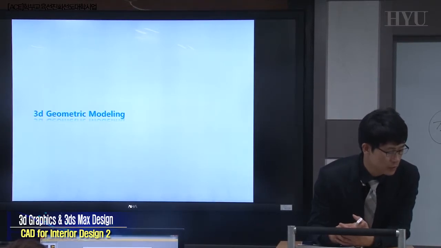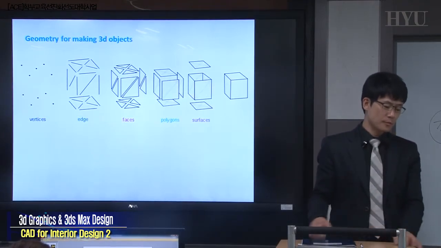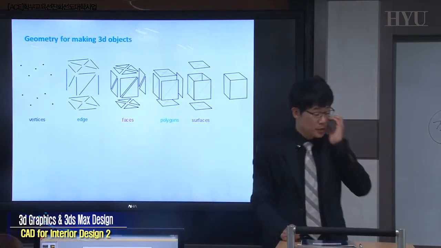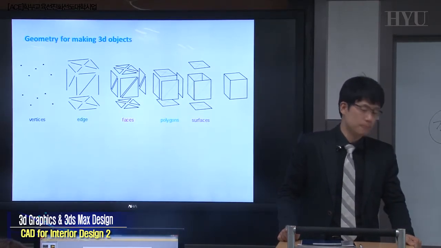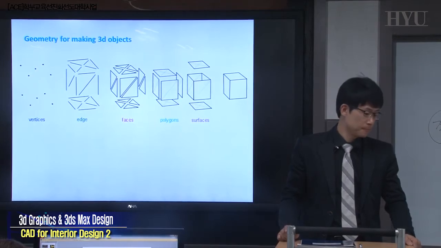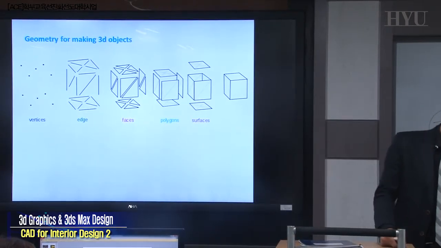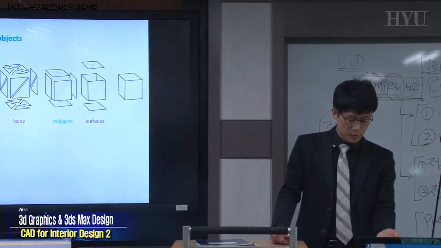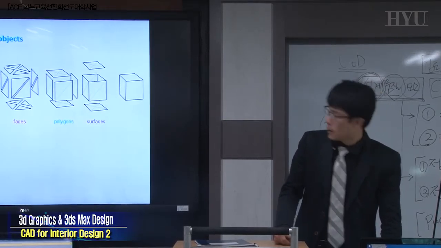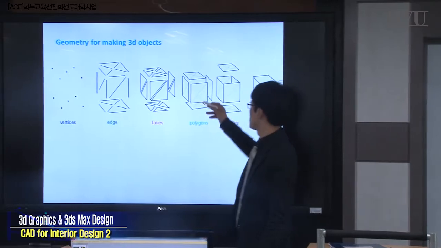Let's take a look at 3D geometric modeling. Here I list some geometry subcomponents for making 3D objects. Vertices, in other words points, and edges, in other words lines, and faces, and their combination will generate polygons.